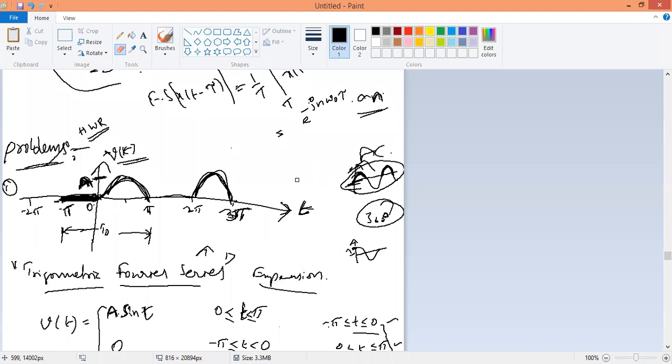Okay, AC to pulsating DC, not a pure DC. It converts the analog signal into pulsating DC.